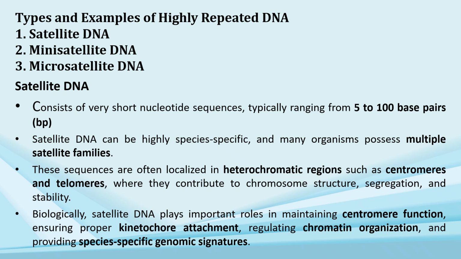These sequences are often localized in heterochromatic regions such as centromeres and telomeres, and they contribute to chromosome structure, segregation, and stability. Biologically, satellite DNA plays important roles in maintaining centromere function, ensuring proper kinetochore attachment, regulating chromatin organization, and provides species-specific genomic signatures.